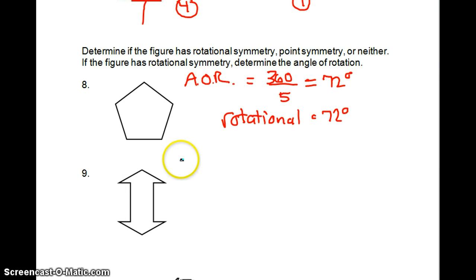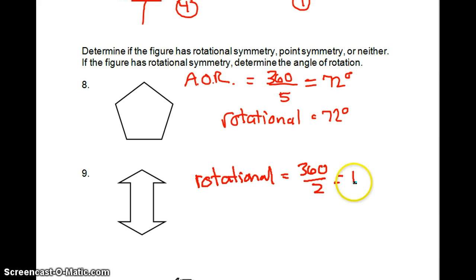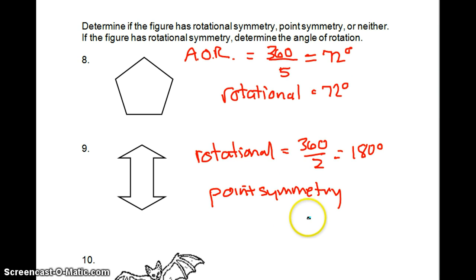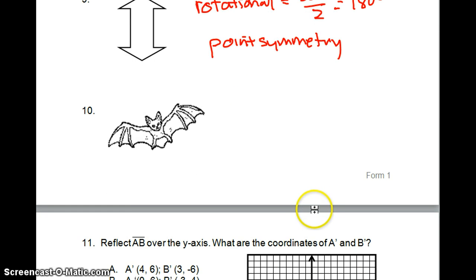So it does have rotational, and since it goes halfway around the circle, we can say that it has point, because the rotational symmetry is 360 divided by 2, or 180 for your angle of rotation. Since your angle of rotation is 180, it also has point symmetry. And that's number 9.